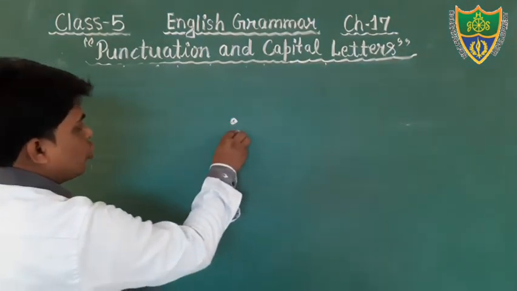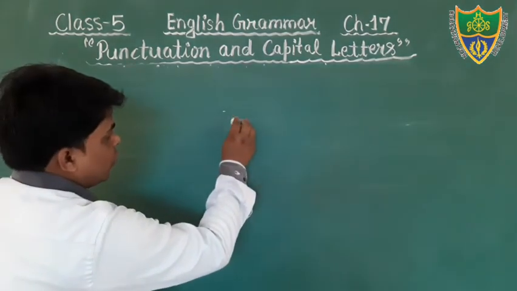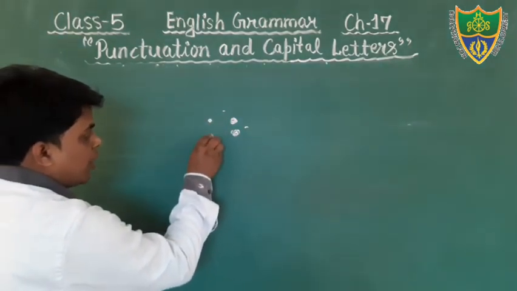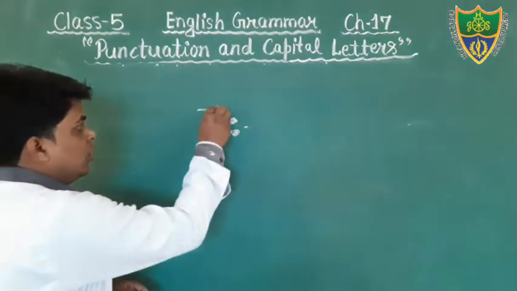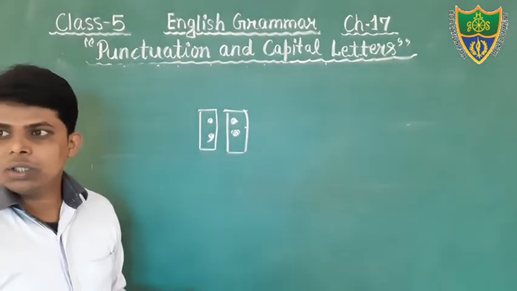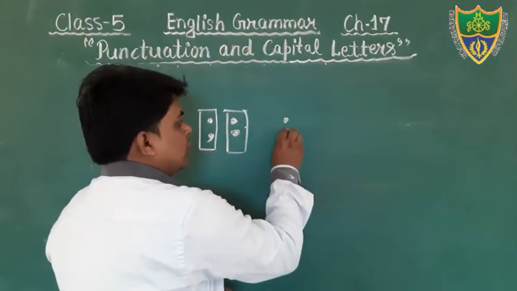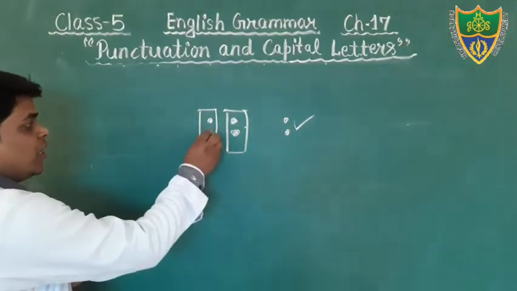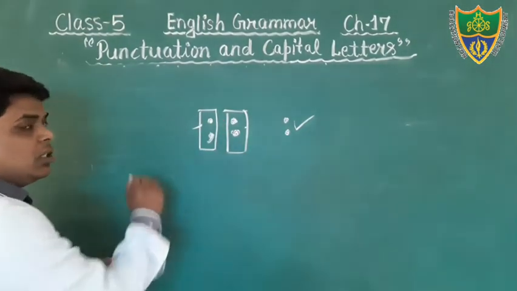Just see, students, there are so many students who are in confusion about the sign of colon. But when we put a comma, and just above it a full stop, then that is a semicolon. That is semicolon and that is colon. So keep in mind, where we find two dots, that is colon, and where you get a comma with a point just above it, that is semicolon.